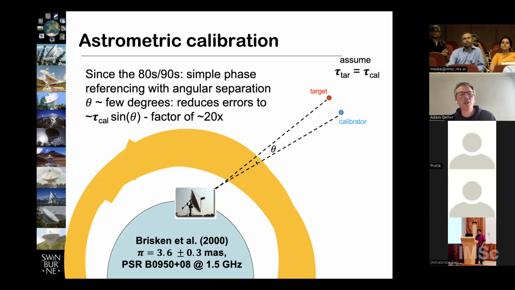If you're lacking in signal to noise, you just have to suck it up and make it on 5 or 8 minute solution intervals. But if you've got lots of signal to noise, you might choose 30-second solution intervals. Of order a minute or two is probably the rule of thumb, and that sets the minimum brightness of the source that you can use, because if you go too faint, you can't get a solution in that time.